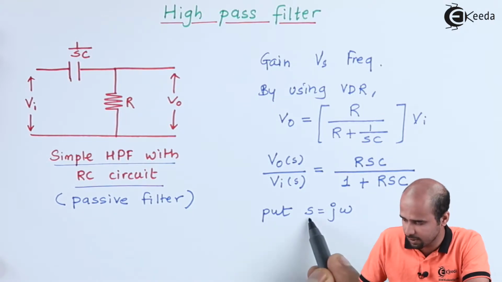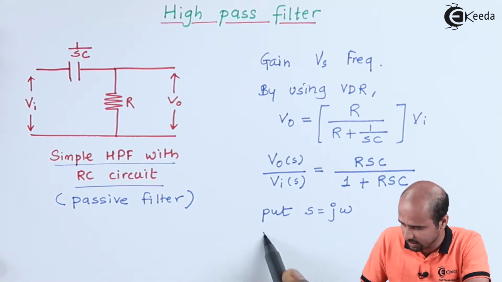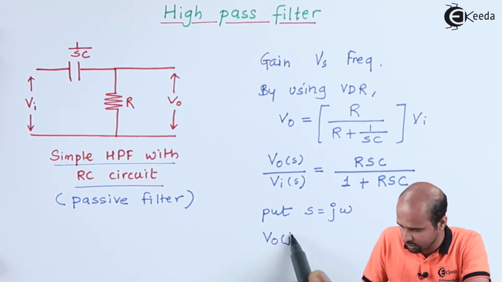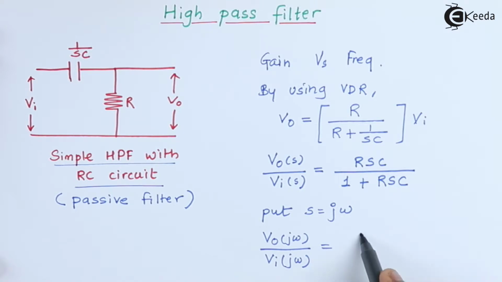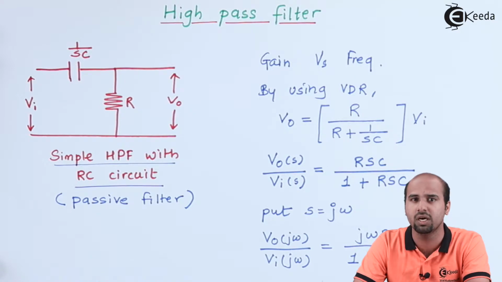So if we put S is equal to J omega, then we will be getting VO of J omega divided by VI of J omega is equal to J omega RC divided by 1 plus J omega RC.